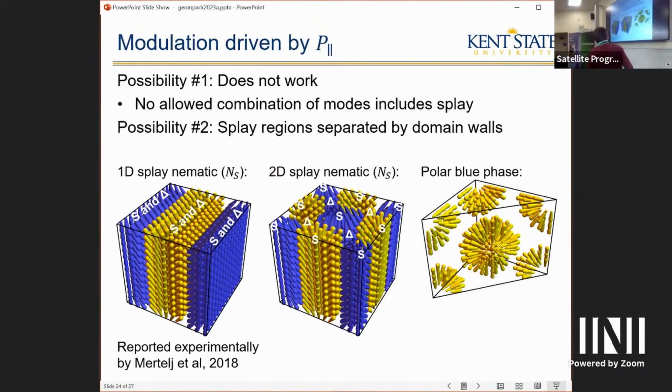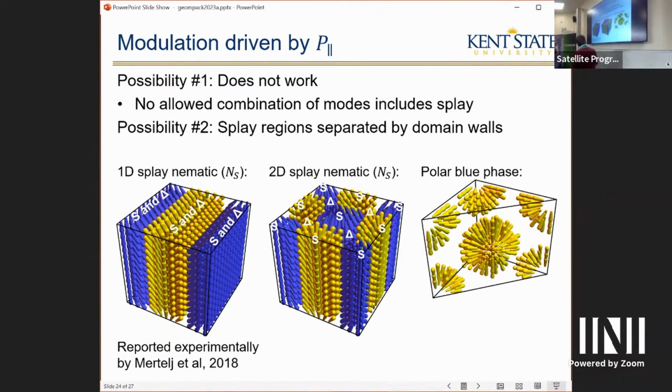What about if you have parallel polar order? Okay, so the order of molecules that have more pointing up than down. Okay, in that case, you cannot. There's a favorable splay. There's no phase on the menu that has a mixture of splay and one of the other deformations, and so it has to make a structure with domains and domain walls.